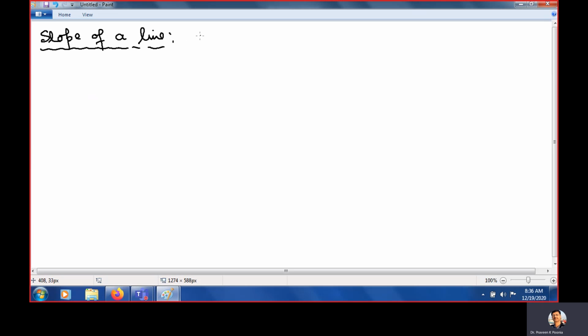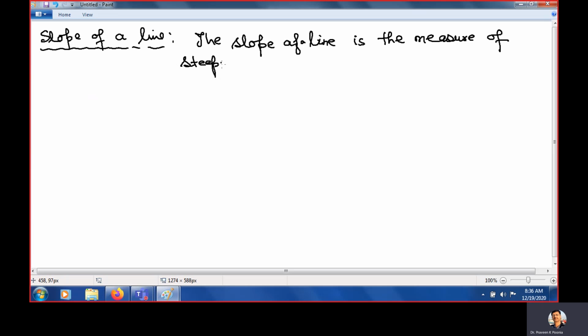Okay, the slope of a line is the measure of steepness of the line. Clear?